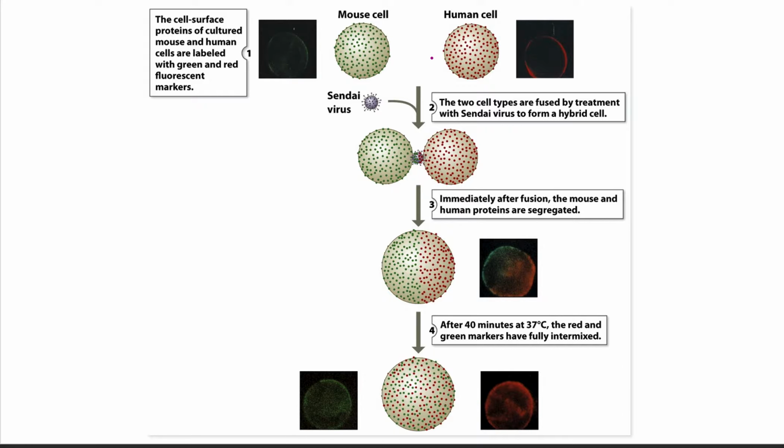Each of the different cells was fluorescently labeled with either a blue marker or a green marker in the mouse cell, or a red marker in the human cell. And then they were treated with a virus, and the two cells fused, and immediately after fusion, they were still segregated. You have the green fluorescent markers on one end from the mouse cell and the red fluorescent markers from the human on the other end.